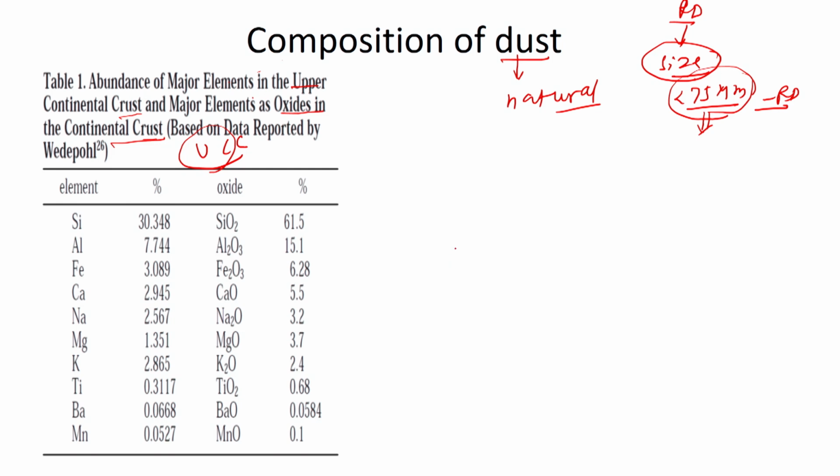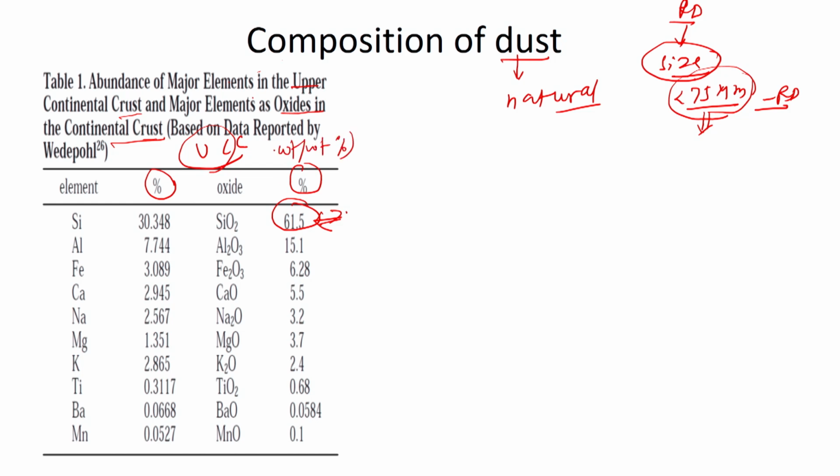As we know, the most important element in the dust is silica, and SiO2 constitutes more than 60%, to be precise 60.5%, 61.5% or so. Note there are two things given: this is the elemental percentage and this is the percentage of the oxides, and the values are given as weight percentage.